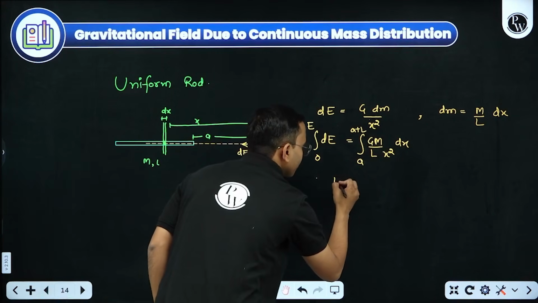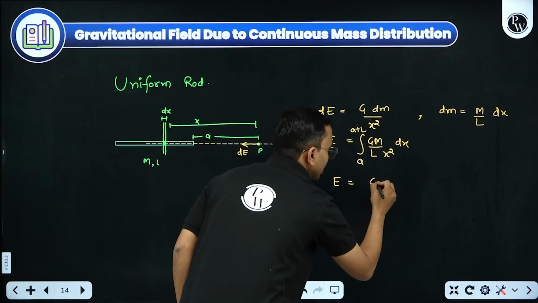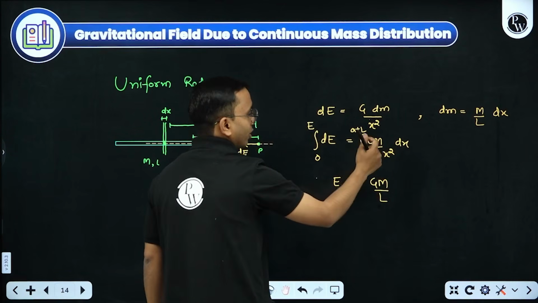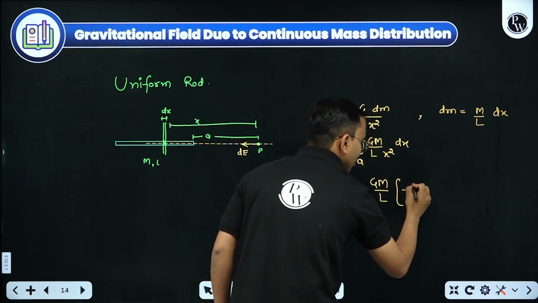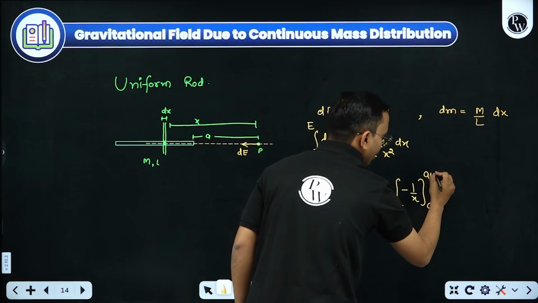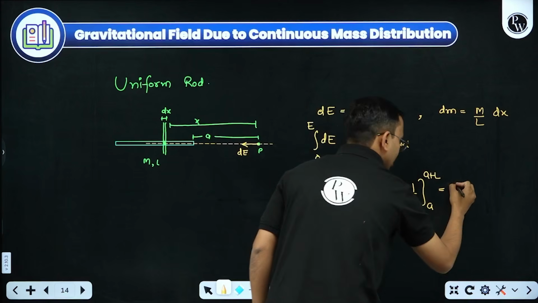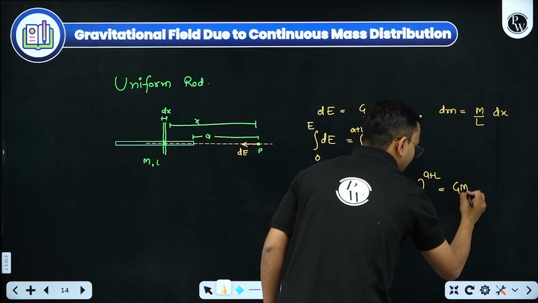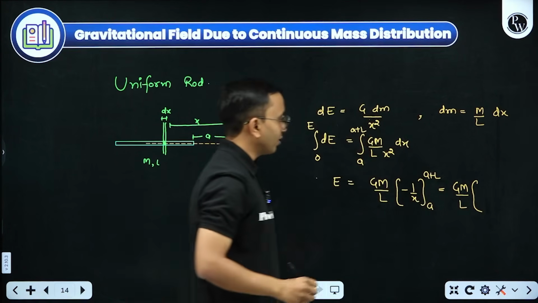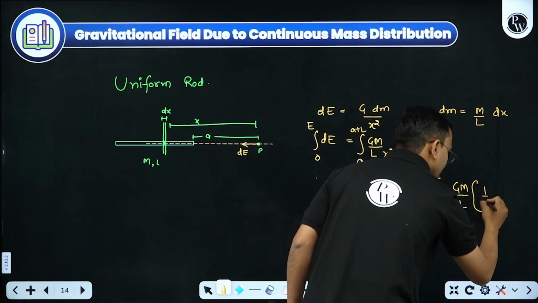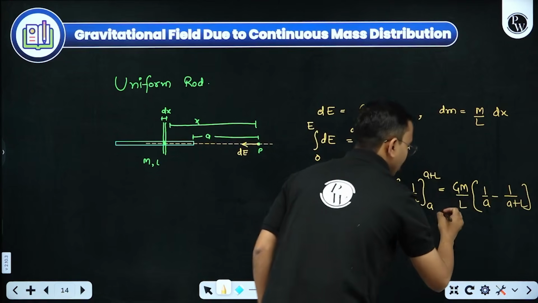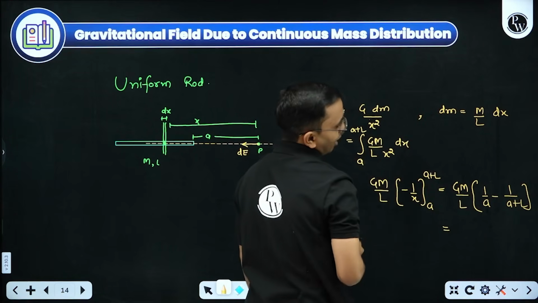Now put it. So E will become G M by L, this is my constant, I took it out, times the integration of 1 by x squared, which is minus 1 by x. Now put the limits. So G M by L times 1 by A minus 1 by A plus L. Taking the LCM, it will become L in the numerator.